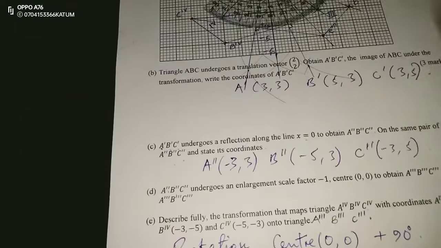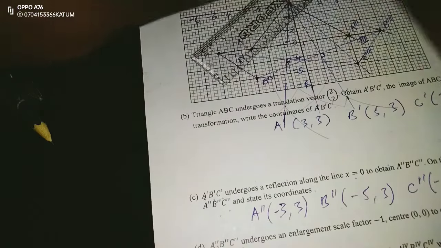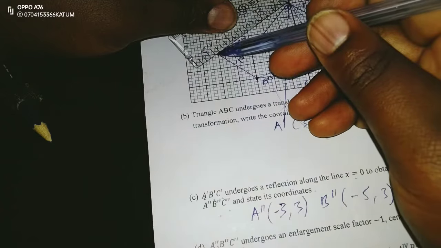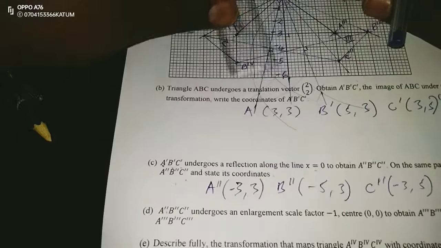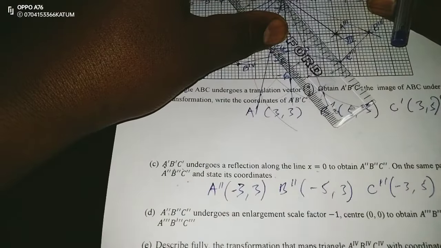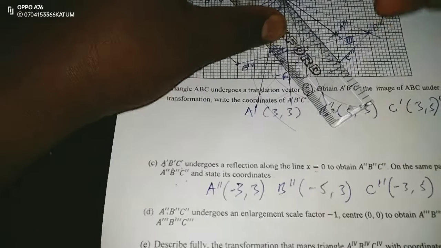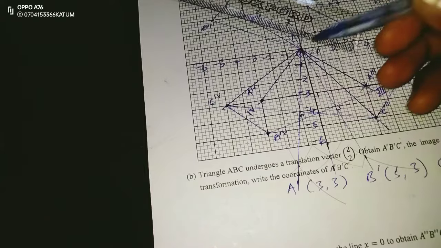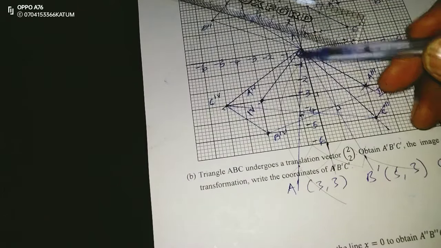We can confirm the same. That was A. We can confirm the same using maybe C. We can connect C to the center, then from center to the image of C. The angle is 90 degrees and it has been measured through the anti-clockwise direction.